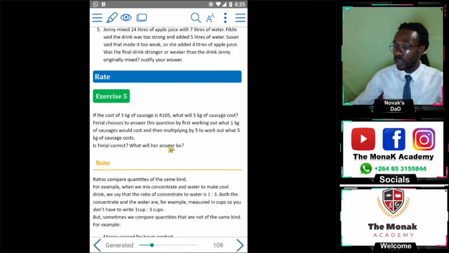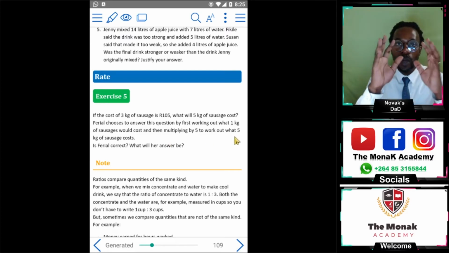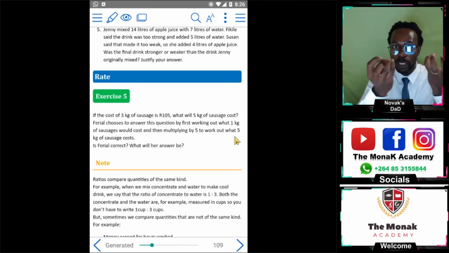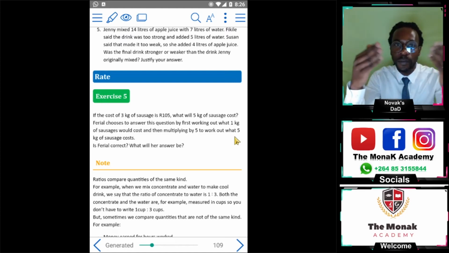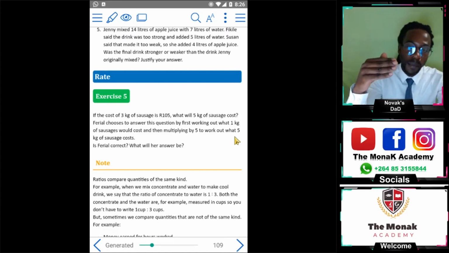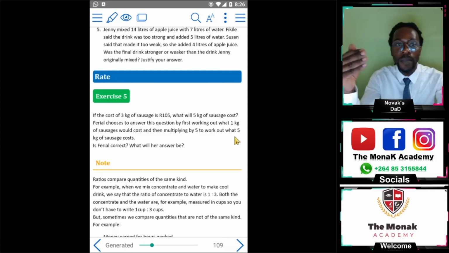We start with rates. So ratio was about sharing in a certain portion, sharing between 2 people, 3 people, whatever the number of people, with a given portion. Now when it comes to rate, it's just an extension of ratio, where we're saying how many times per hour, per minute, per person, like that.